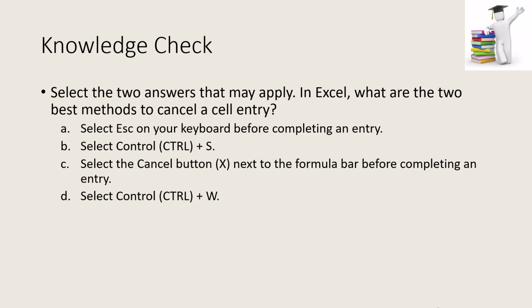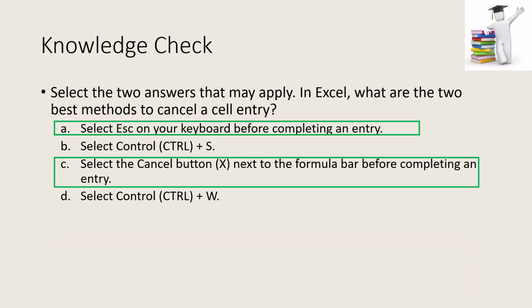D. Select Control W. The answers are A. Select Escape on your keyboard before completing an entry, and C. Select the Cancel button, X, next to the formula bar before completing an entry.